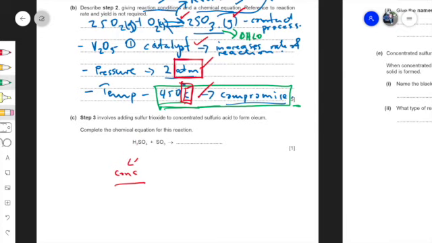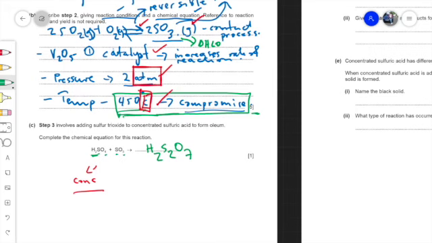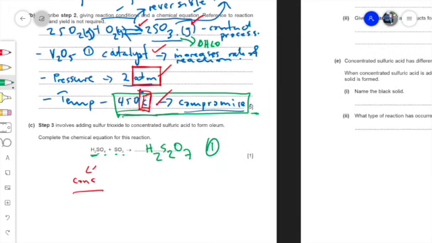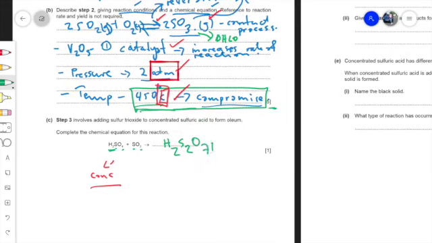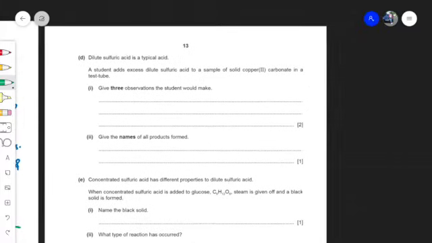You've got 2 hydrogens here, so you put 2 hydrogens, and you have 2 sulfurs, and you have 4 plus 3 oxygens, so it is 7. So this is the formula for oleum, and you get your 1 mark there. Your other mark. So let's go to the other question.